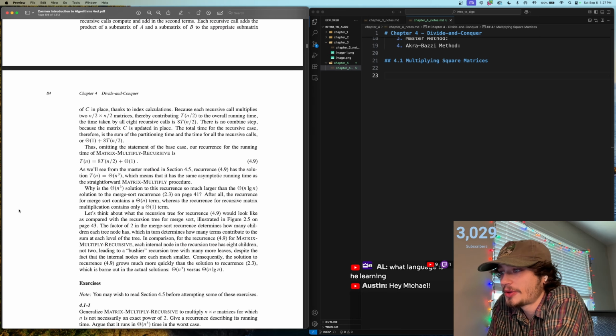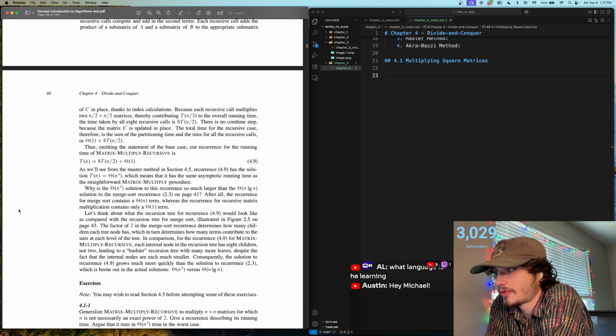Let's think about what the recursion tree for recurrence 4.9 would look like as compared with the recursion tree for merge sort illustrated in figure 2.5 on page 43. The factor of 2 in the merge sort recurrence determines how many children each tree node has, which in turn determines how many terms contribute to the sum at each level of the tree.